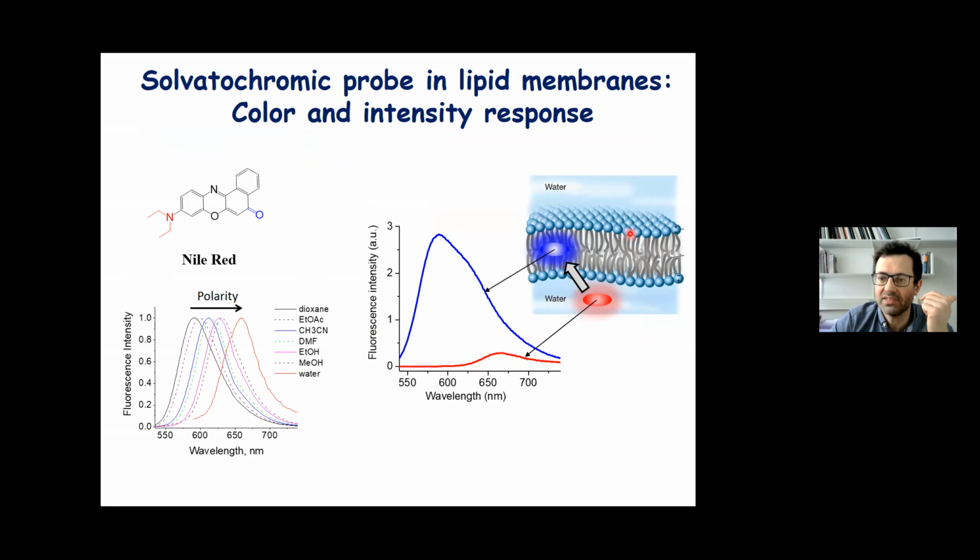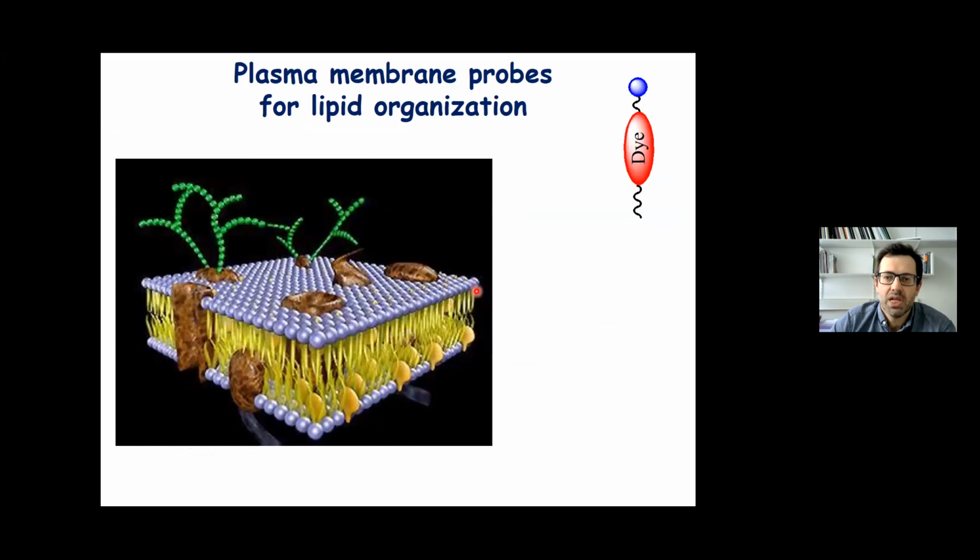And then when it binds to lipids, especially at the level of fatty acid chains, the polarity of the environment drops, and you have a strong blue shift with a strong increase in the fluorescence. And this is a typical behavior of Nile Red. And you will see that this actually can be used for imaging, detecting properties of plasma membranes or cell membranes in general.